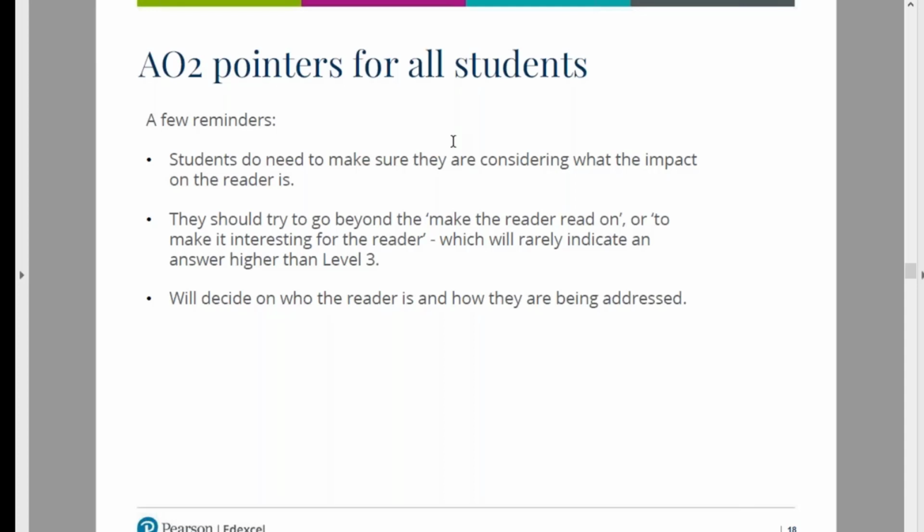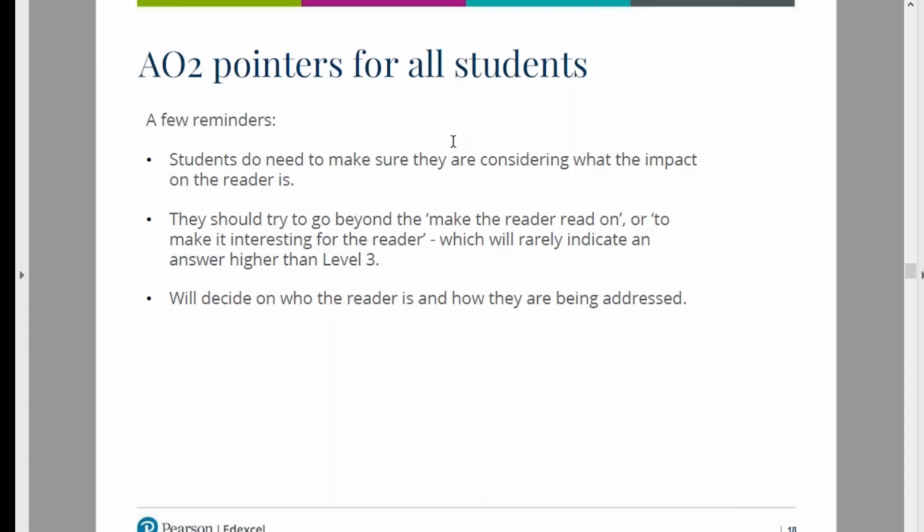They really need to try to go beyond comments like make the reader read on, or make it interesting for the reader, which could be applied to any kind of writing, anything that any writer does, and aren't really specific to the text. Those comments won't take them further than a level 3. So it's probably a good idea to look at exemplars with them at both that level and at a higher level to show them what the difference is and how to avoid those very generalized comments.